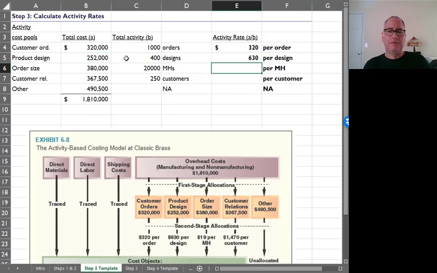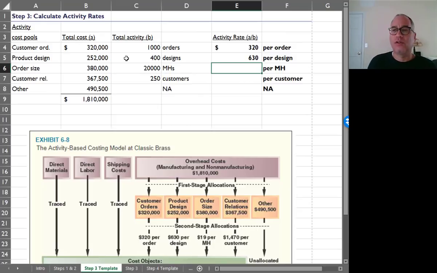Let me just go back a little bit about predetermined and not. With traditional costing, with absorption costing, you use a predetermined overhead rate. With this, you might go back and do it for last year because you want to see what happened and you want very accurate measures. So we're usually not going to use predetermined rates, but we're actually going to use the numbers from the previous year and try to make this as accurate as possible because we want to use this to predict the future.